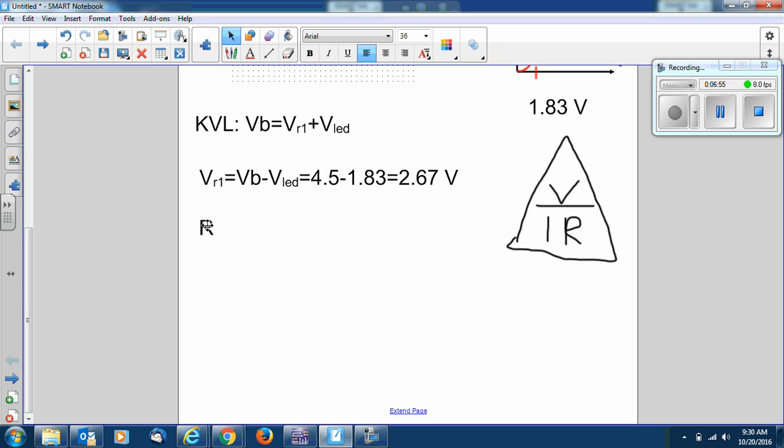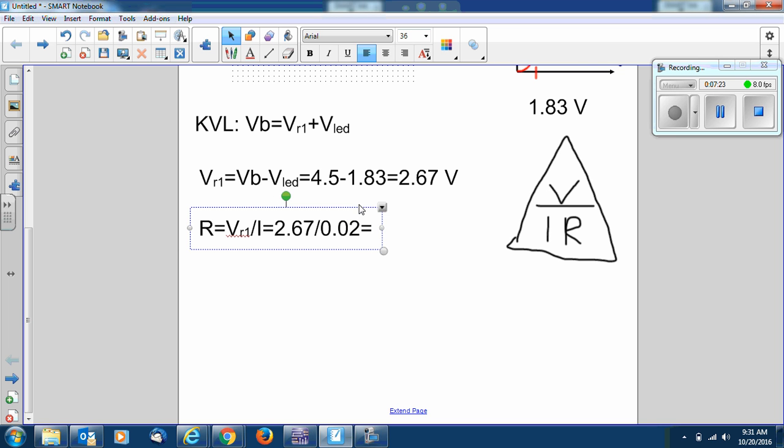So resistance equals the voltage drop of R1, because you always have to specify which voltage drop or which current you're using, over I. All right. So this is 2.67 over 0.02. Don't forget to convert your current.